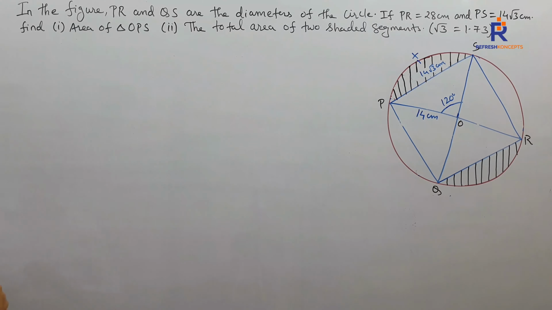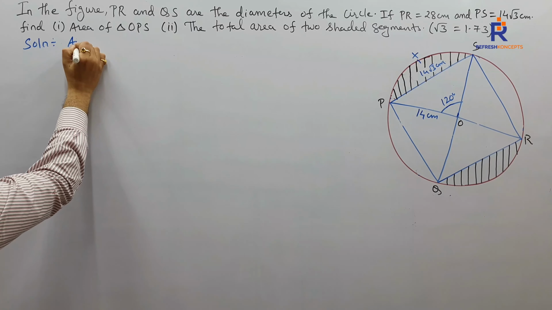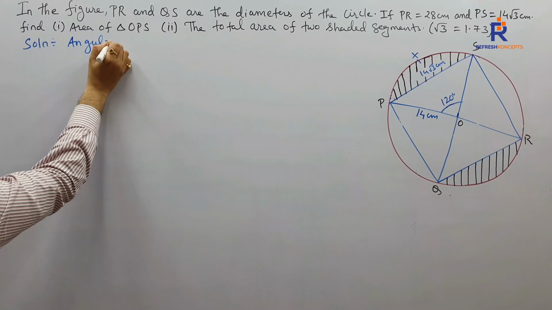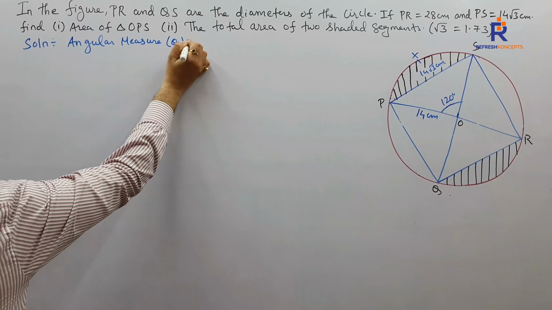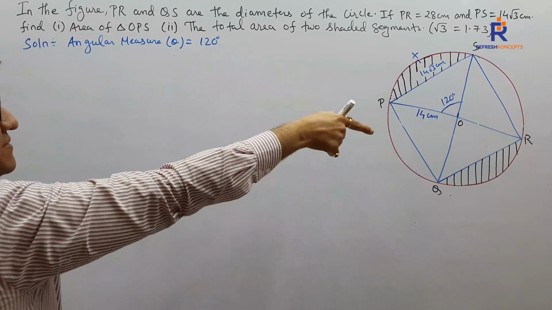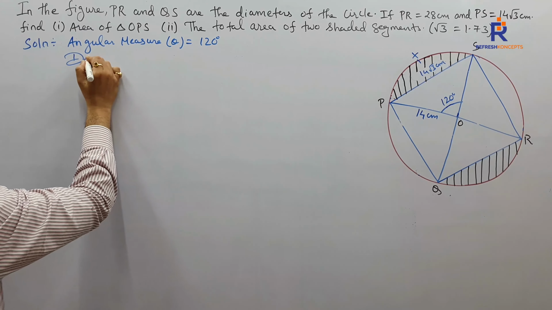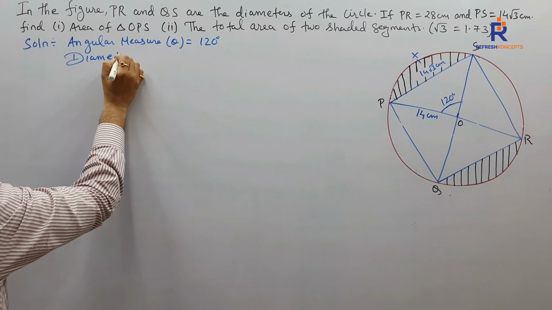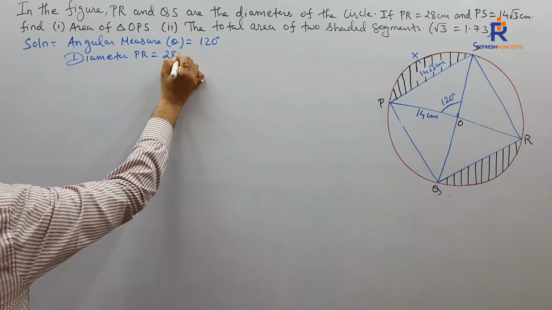But prior to that, we write down what is the angular measure. Solution: angular measure theta is 120 degree, that's nothing but the measure of angle POS. Next, diameter PR is known to us, 28 centimeter.